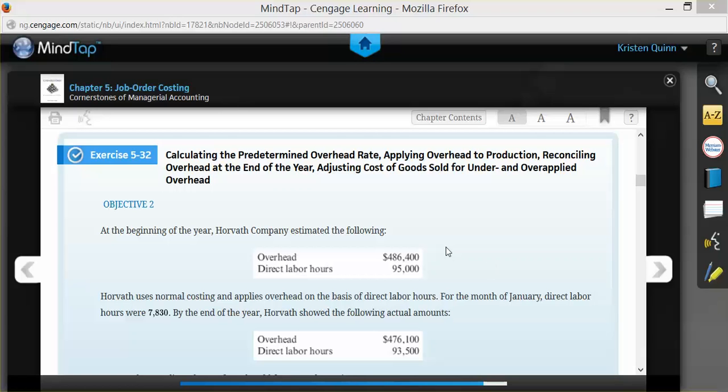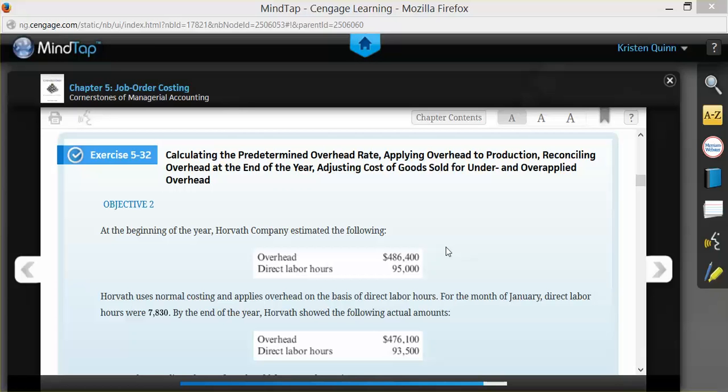of the year. For this company, they tell us that they've estimated that their total overhead for the entire year would be approximately $486,400. The cost driver that they're using is direct labor hours, and they're anticipating that they would have approximately 95,000 direct labor hours in the coming year.